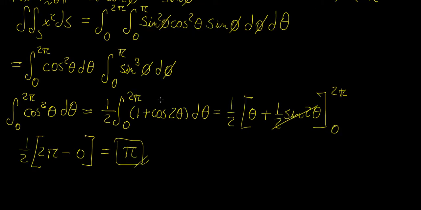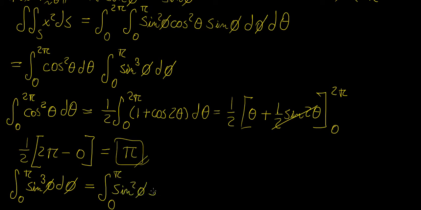Now for the second one, let's write it down here. So we have the integral from 0 to pi of sine cubed phi d phi. Now for this kind of trigonometry, when we have an odd power of sine or cosine, what we can do is the following. We can rewrite this as sine squared phi times sine phi d phi. And now we're going to change this into an expression containing cosine.